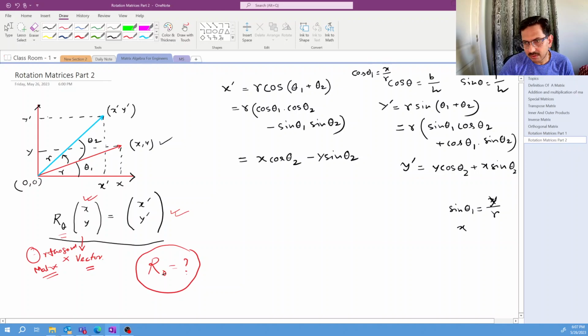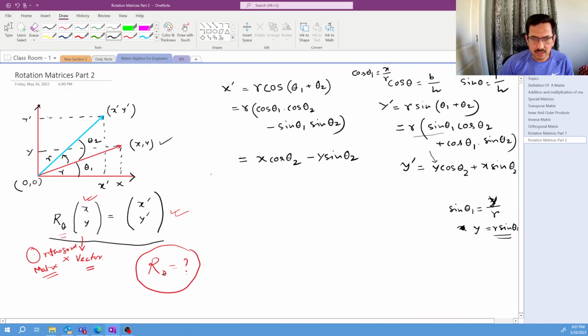So y. So basically y equals r sine theta 1, and that's the reason I replaced this part. When you multiply this, I replaced it by y. And similarly here, if you do the calculation, you'll see it will come like this.